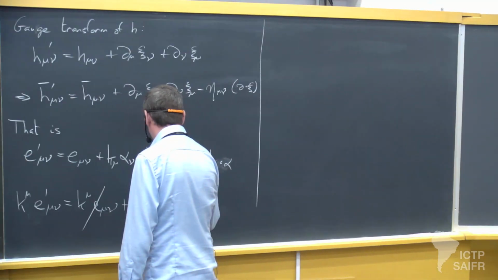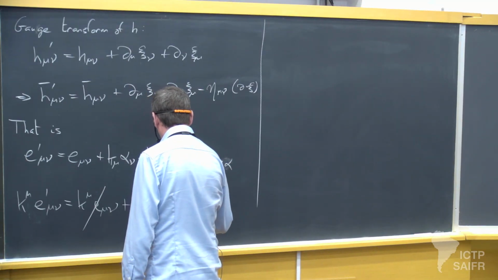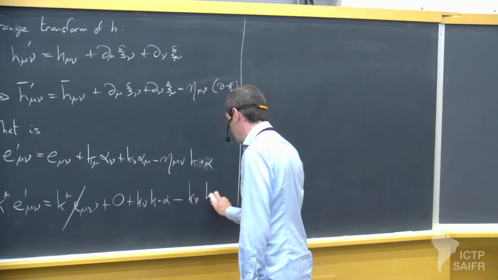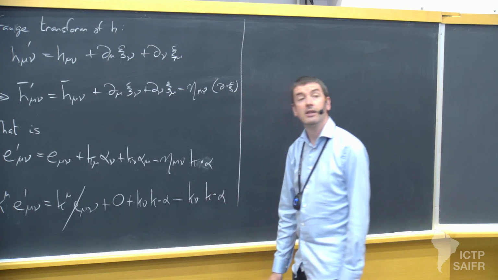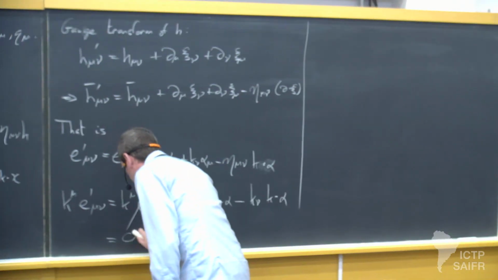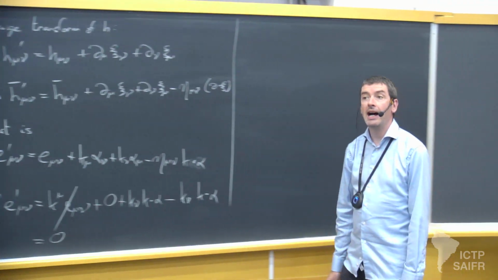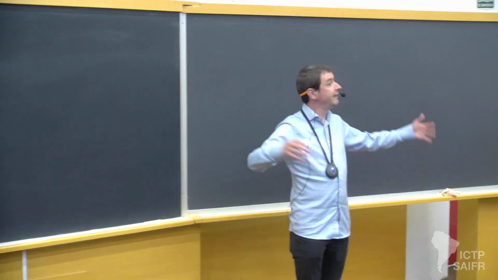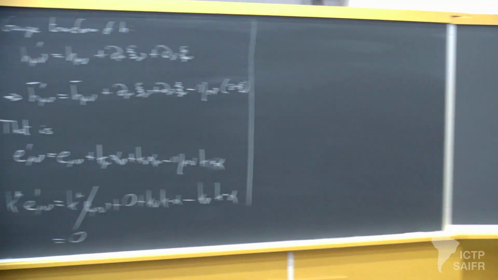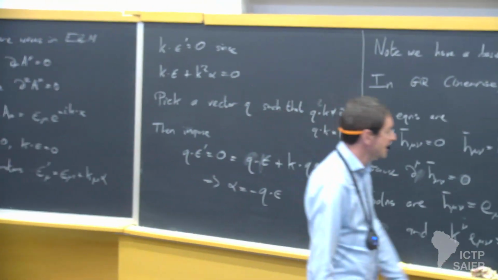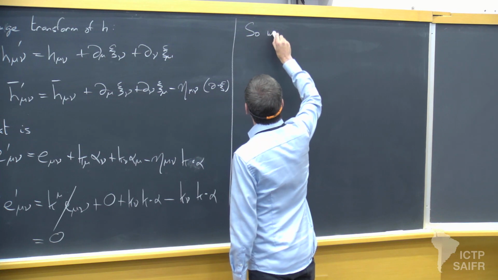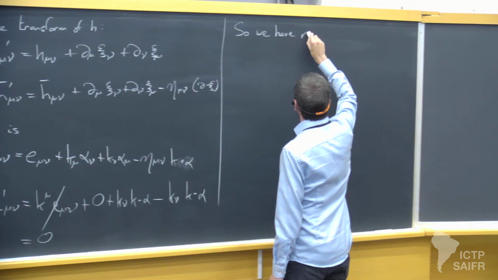Then there's a term plus k nu k dot alpha, and now this additional term helps me by giving me a k nu k dot alpha with a minus sign. So indeed, you're always in de Donder gauge. Okay, so that's good. I have an alpha mu now, a 4-vector to play with, which I can use to simplify my polarization tensors. All right, so we have residual gauge symmetry.